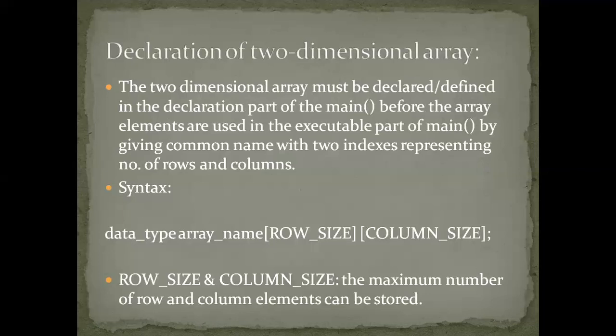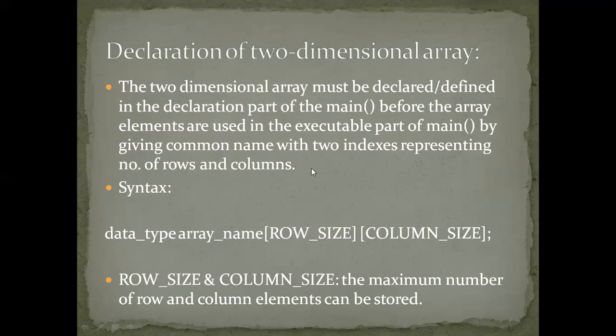Here in the one-dimensional array, we have seen how we can declare it. Similarly, we have the declaration of a two-dimensional array. The two-dimensional array must be declared or defined in the declaration part of the main before the array elements are used in the executable part of the main, by giving a common name with two indexes representing the number of rows and number of columns.